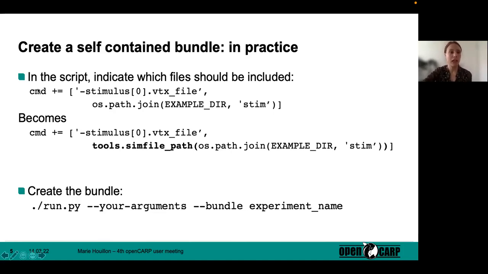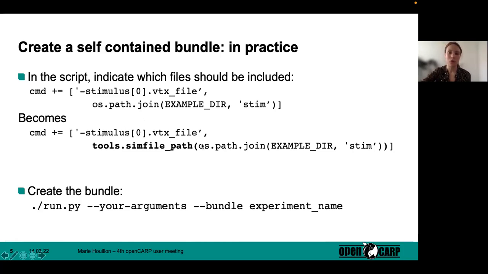For this, you will have to modify slightly the main script of your experiment. For example, here you have a standard command where you add the VTX file option to openCARP, and you add a file called stim as VTX file. This file has to be included in the bundle so that your simulation can be run.